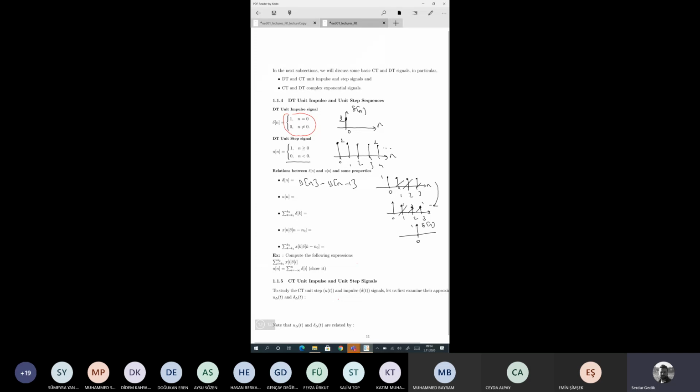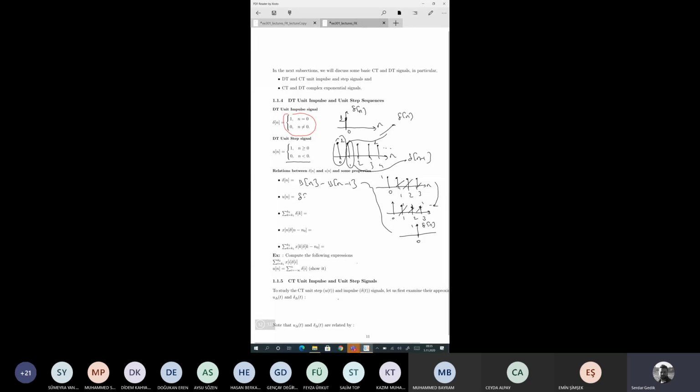Okay, so this is quite simple. What about u of n? u of n is simply impulse of n. If you check this u of n, what can you say? This is nothing but impulse of n, right? What about the second one? It is impulse of n minus 1, so impulse of n shifted 1 unit to the right.